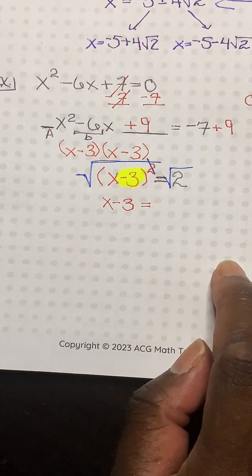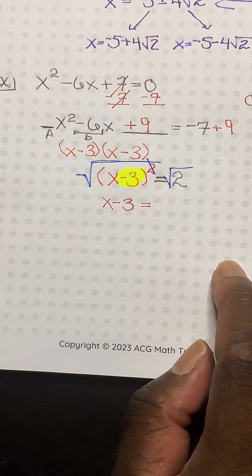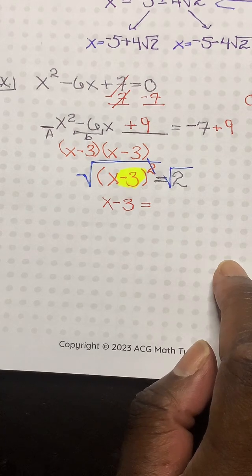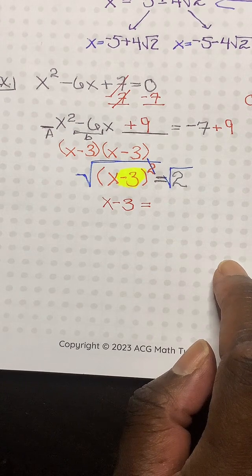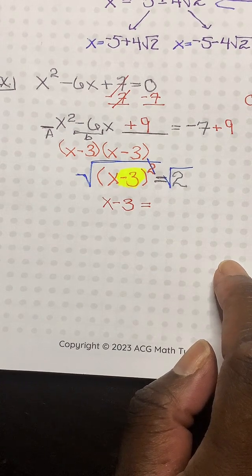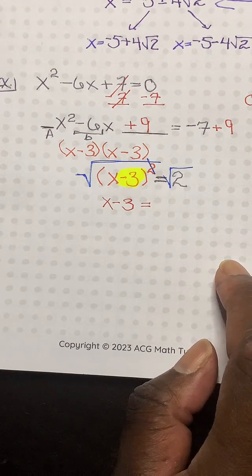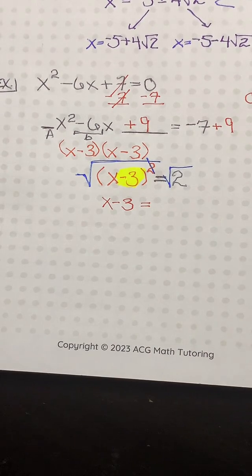Yup, square root of 2, but what's missing? All right. Okay, cool. So plus or minus the square root of 2.